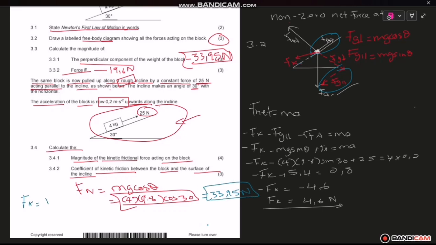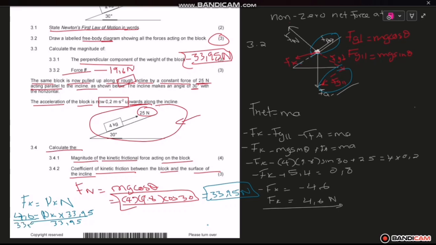Therefore, now Fk equals mu k N. What is the value of Fk? We do have it as 4.6. So 4.6 equals mu k, which we are asked to calculate, times N. What is the value of N? It is 33.95. Therefore, divide both sides by 33.95.